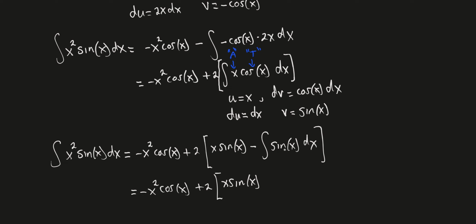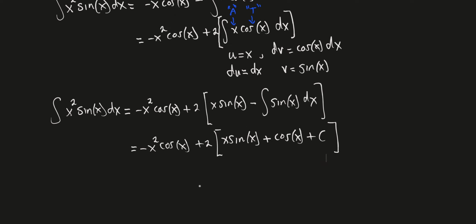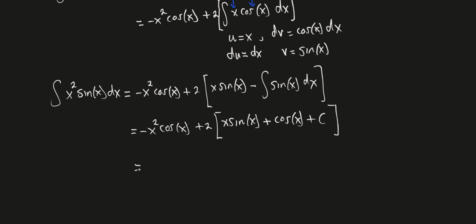Now the antiderivative of sine is negative cosine. There's already a negative in front of this antiderivative. That makes it a positive cosine of x, and then plus c, right? So now if we distribute the 2, we will have negative x squared cosine of x plus 2x sine of x, and then plus 2 cosine of x.